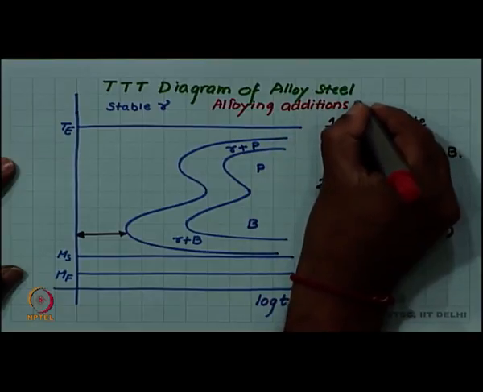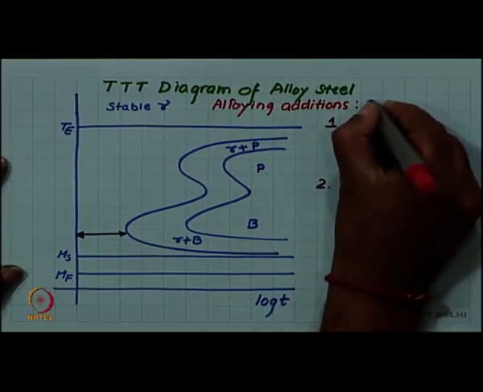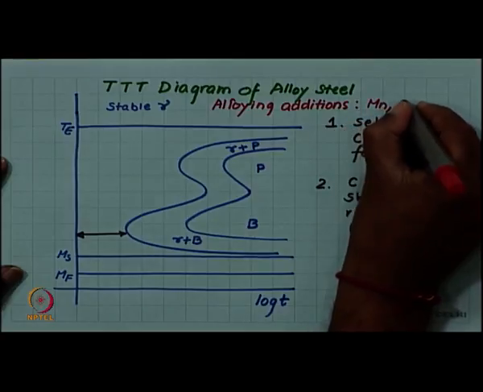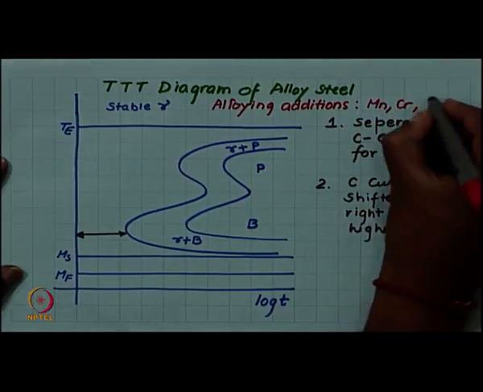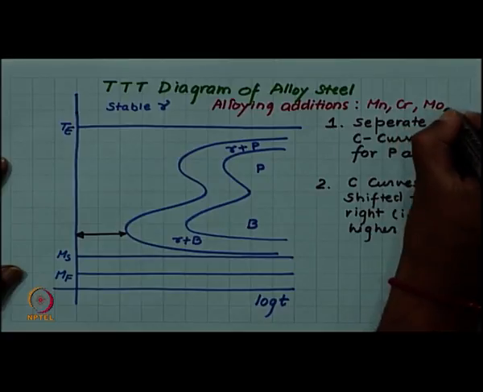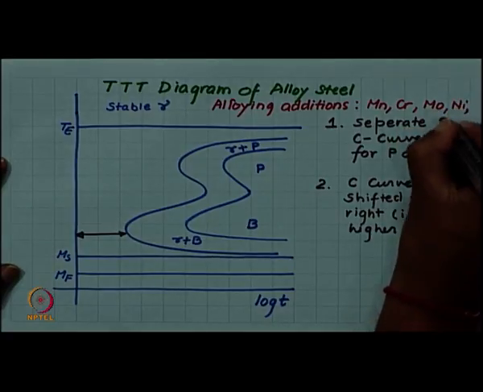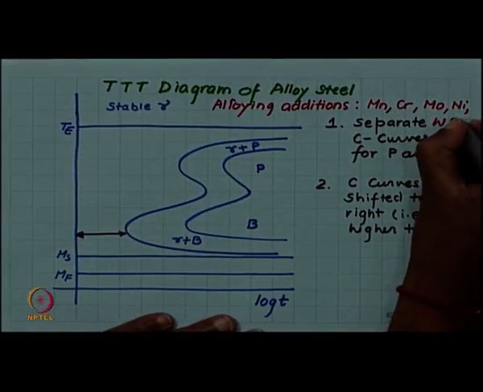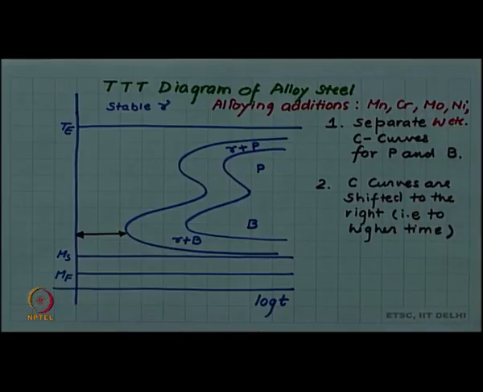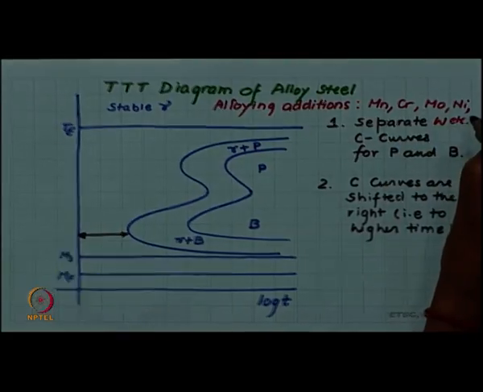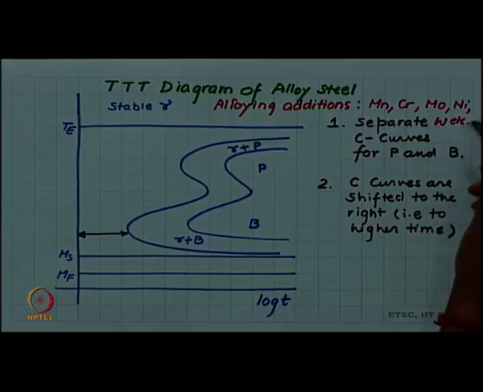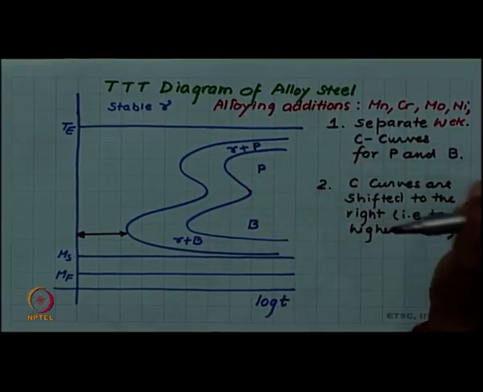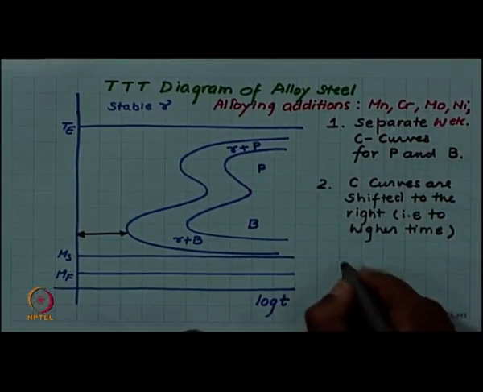Some common alloying additions are manganese, chromium, molybdenum, nickel, tungsten, etc. These alloying additions are substitutional solutes for ferrite and cementite.